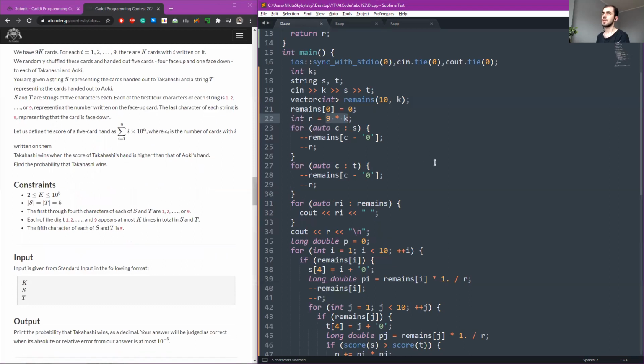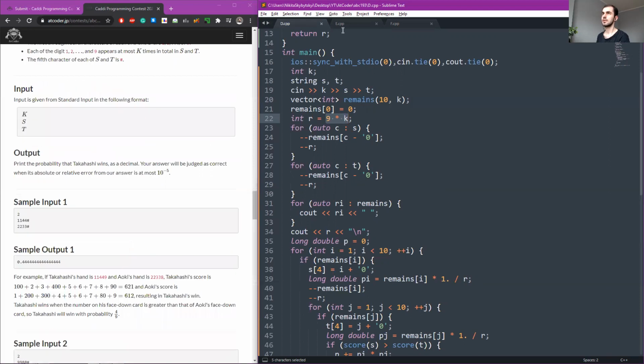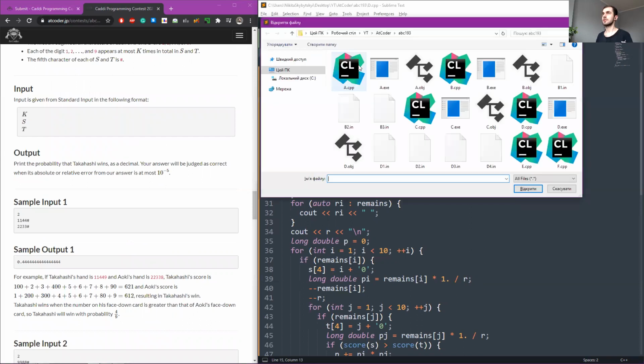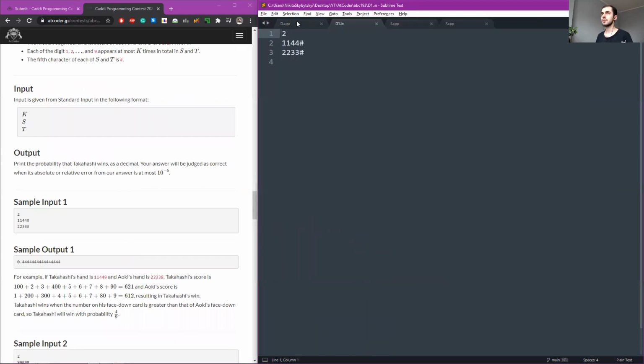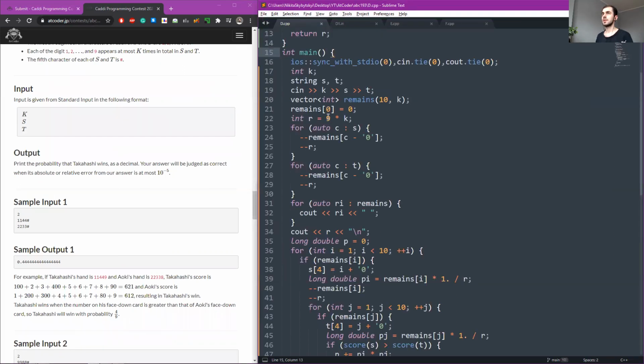We start with 18. Right? I don't understand. We start with 18. Right, because I decremented the necessary number of times.